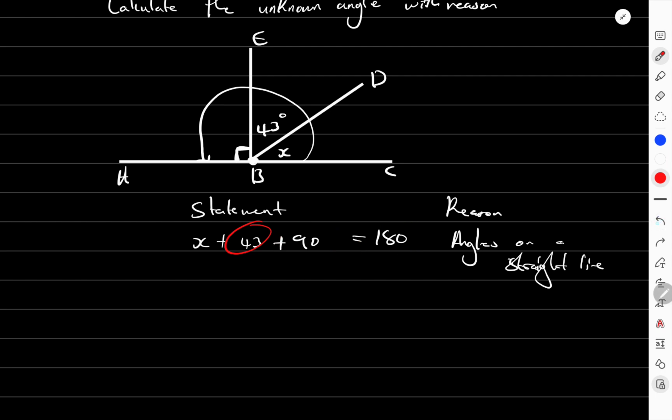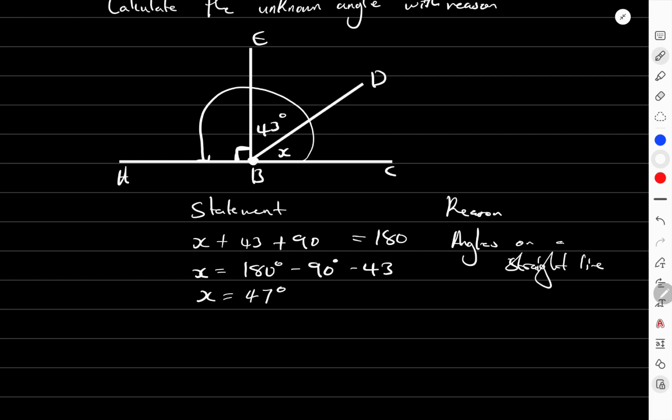X is equal to 180 degrees minus 90 degrees minus 43 degrees, because the 43 was positive on the left-hand side, therefore it becomes negative on the right-hand side. So X equals 180 minus 90 minus 43, and X is going to be 47 degrees.